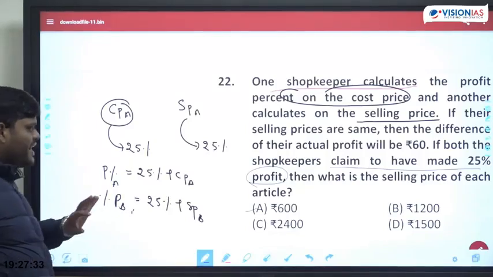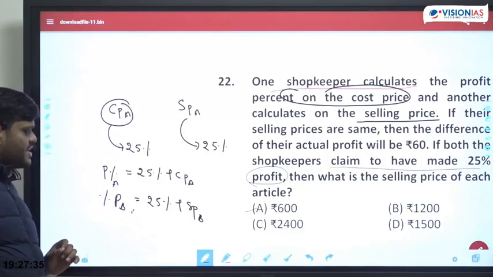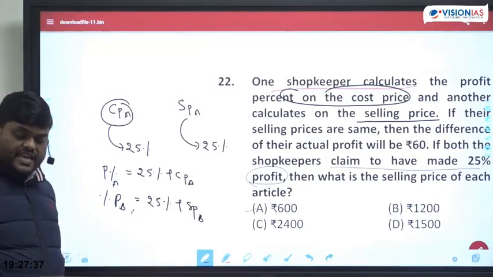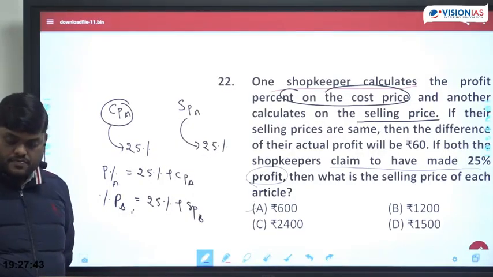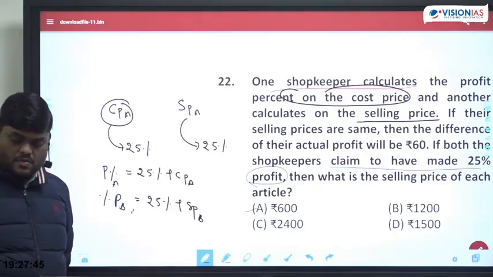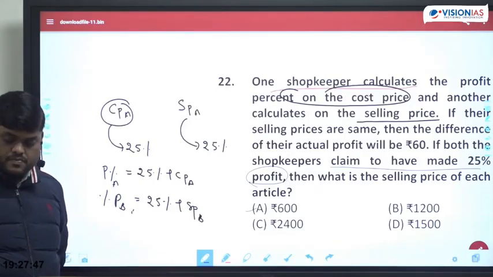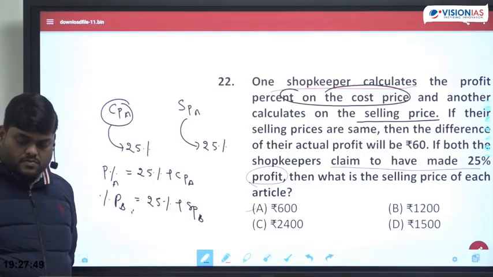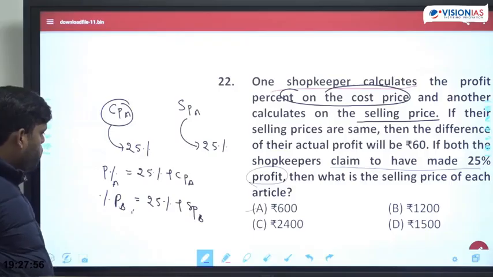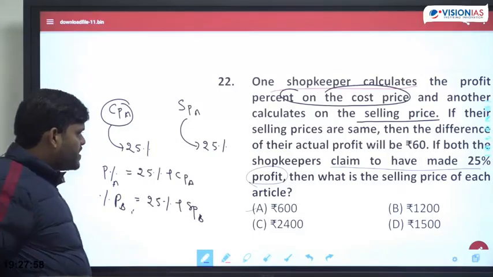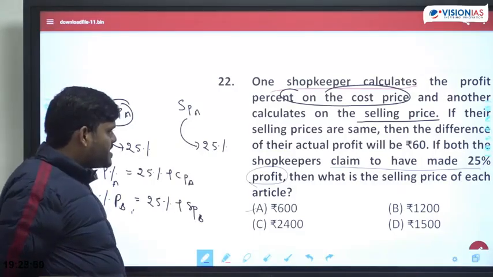Actually, too many equations are coming which I don't want to frame. That's why I'm making some mistake. There are so many equations coming here. Now one equation is saying if their selling prices are the same.